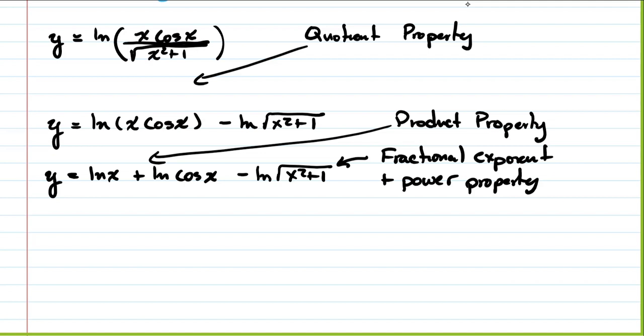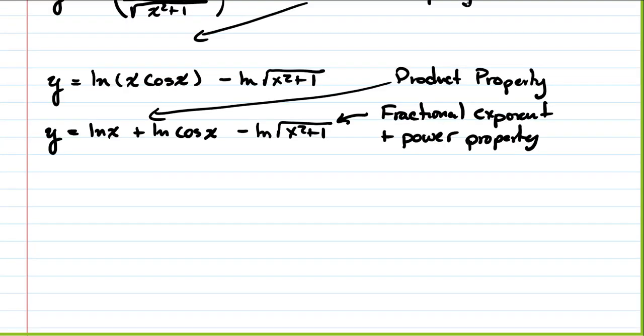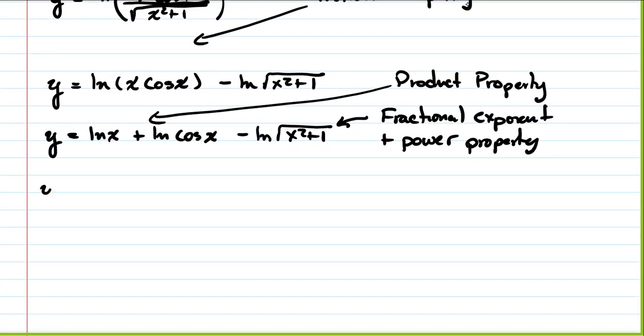So if we have a square root of something, what is that the same as a power? 1/2. Yeah, so 1/2, right? Perfect. So then if we swing that exponent out in front, we get the logarithm of x plus logarithm of cosine x minus 1/2 the logarithm of x squared plus 1.